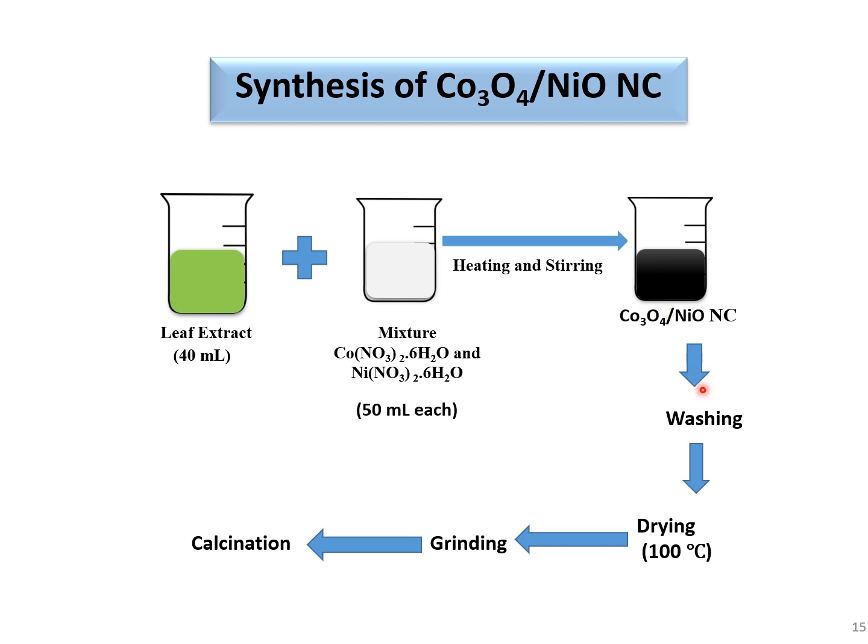Then the obtained nanoparticles are washed with water, and in this washing we use distilled water. Then the nanoparticles are dried at 100 degrees centigrade. After drying, we further grind the nanoparticles, and then calcination is done to obtain the fine nanoparticles.